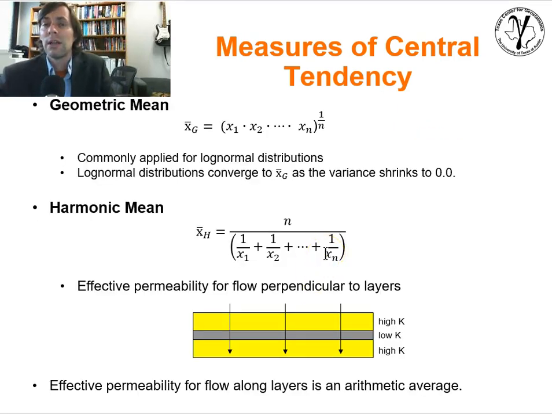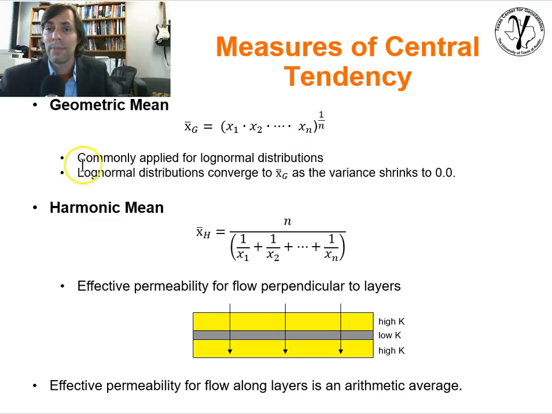Now, as I just mentioned, you might ask the question of which central tendency is the right one. And to illustrate this, let's look at the fact that we have even more, not just the arithmetic mean, we have the geometric mean and the harmonic mean. And so let me just explain them, and then I'll get to why we're showing them on the next slide. So we got the geometric mean. It's going to be the product of all of the data values, and then you're going to take that to the power 1 over the number of samples.